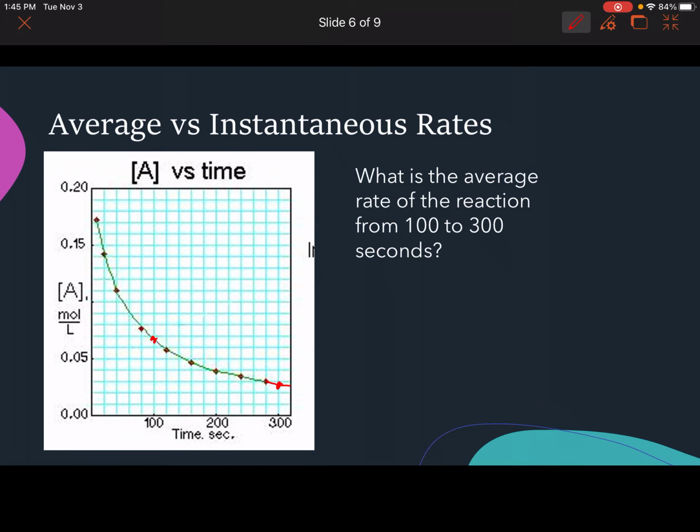What you do, and I'm just going to try to do this on my iPad here, you are going to draw a straight line from, it's got to be on the inside of the curve, and it can only touch the line at those 2 points.